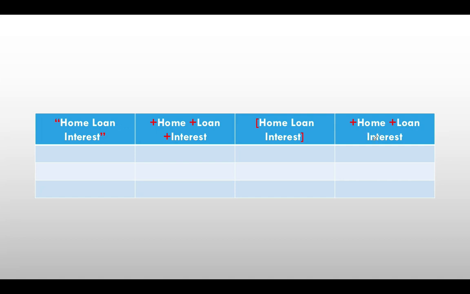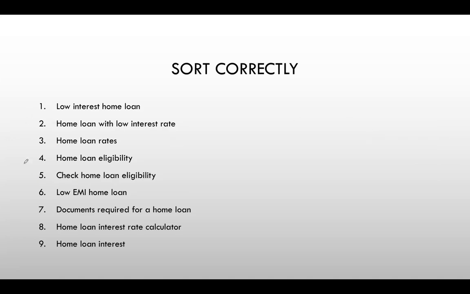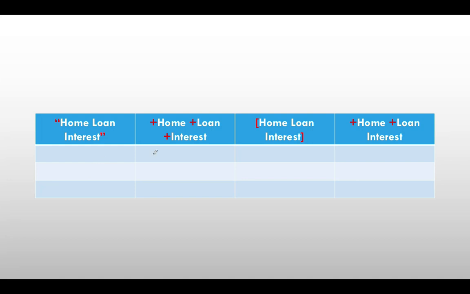Interest is not compulsory, so your ad might get triggered even if the user search query does not contain interest, because interest is not mandatory. I want you to stop the video and sort these 9 search queries into their respective houses. Okay, start.